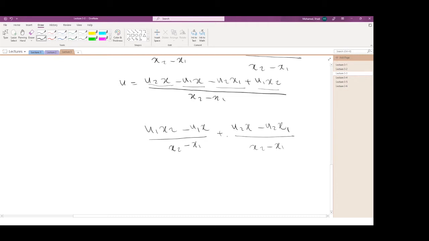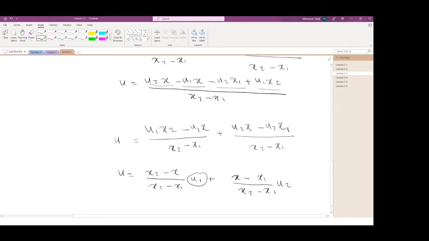Now you take U1 and U2 as a common factor. So you have X2 minus X divided by X2 minus X1 multiplied with U1, added to X minus X1 divided by X2 minus X1 multiplied with U2.